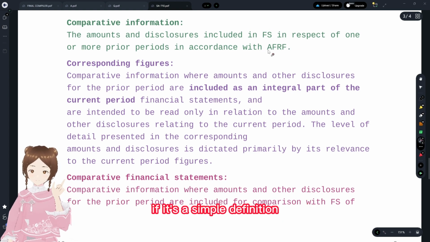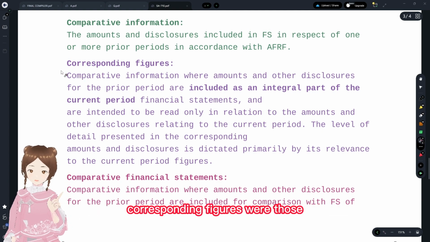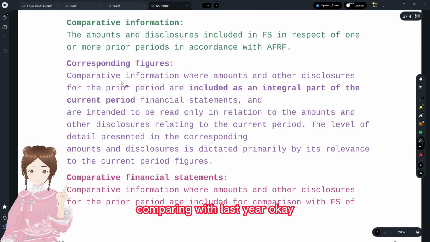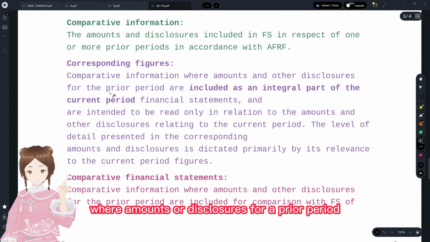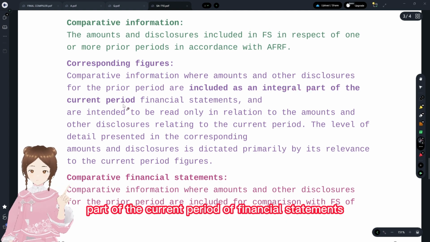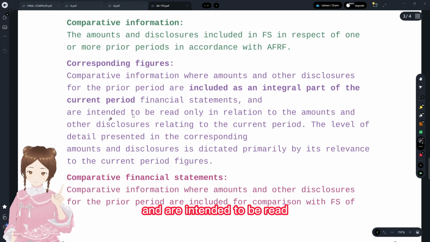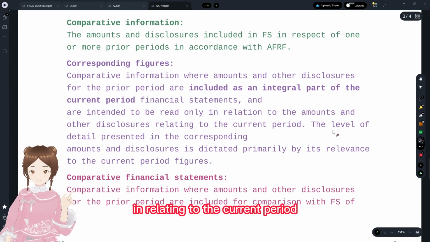It's a simple definition which we do not usually remember. Corresponding figures are those compared with last year. Okay, comparative information where amounts or disclosures for a prior period are included as an integral part of the current period financial statements and are intended to be read only in relation to the amounts and other disclosures relating to the current period.